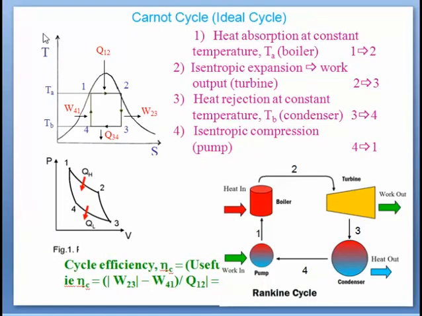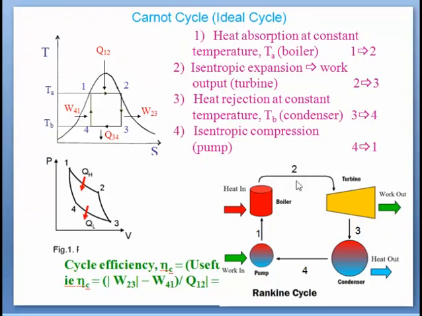Now we will see the Carnot cycle on the TS diagram. So just refer to this figure also. The process 1 to 2 is isothermal heat addition in the boiler. So here you can see that the water enters at condition 1 in the boiler and it comes out as dry saturated steam with a state condition of 2, and this heat addition is at constant temperature.